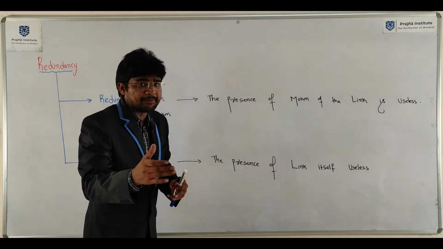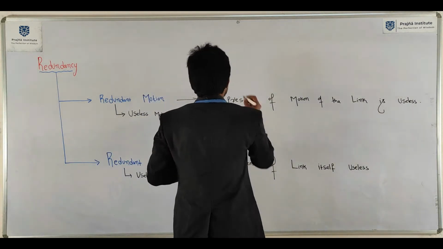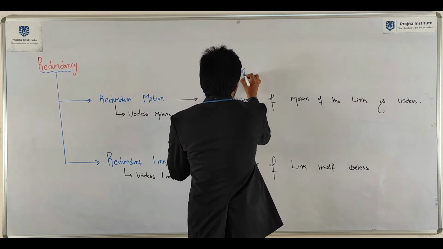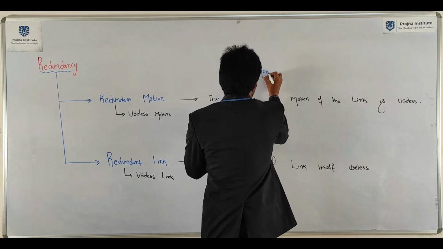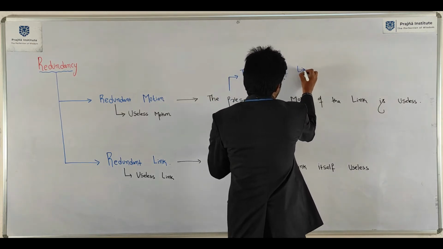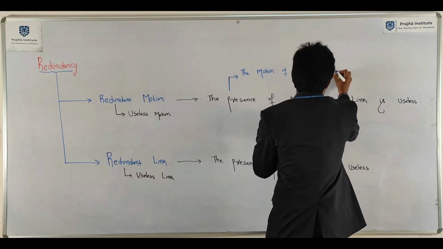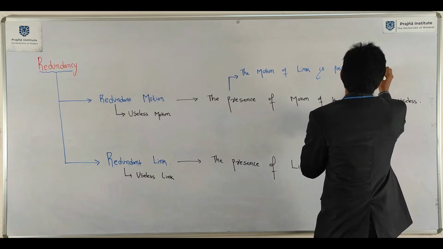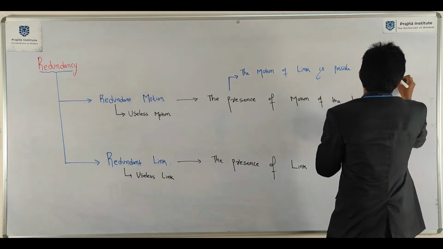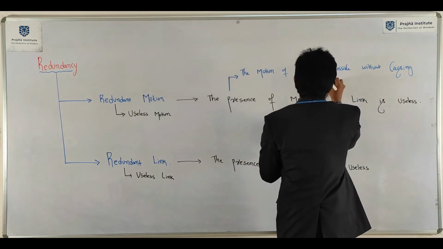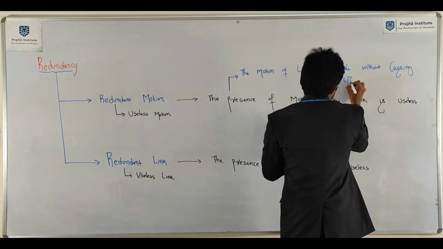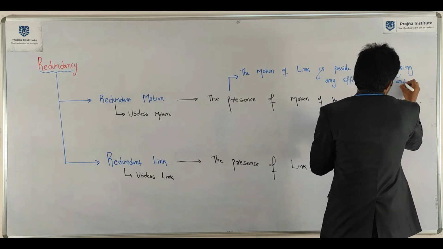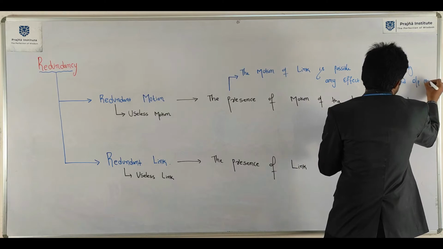When you go a little deeper, the meaning is that the motion of a link is possible without causing any effect on input and output motions.